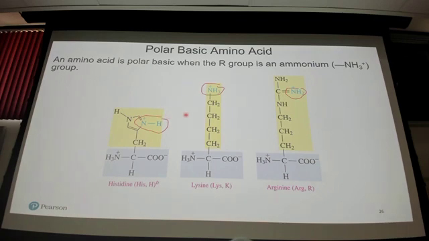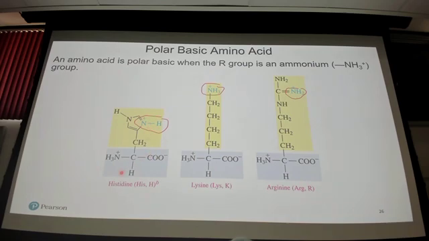I'm sorry. Yes. Could you explain it again for me? So histidine, lysine, and arginine are considered polar basic amino acids because we know that nitrogen is basic, since it's considered a hydrogen acceptor.